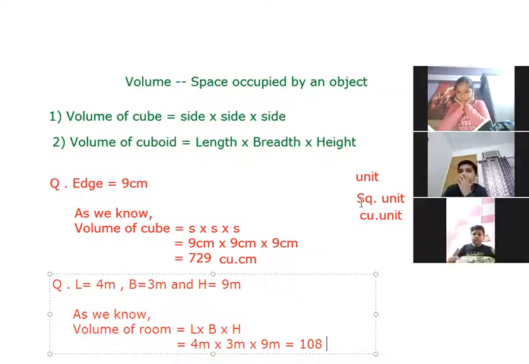But in case of volume, we are going to write the answer in cubic unit. And the unit here is meter, so we are going to write the answer as cubic meter.